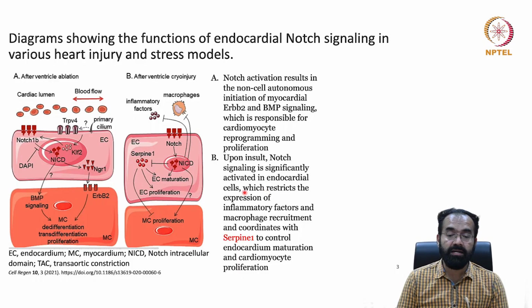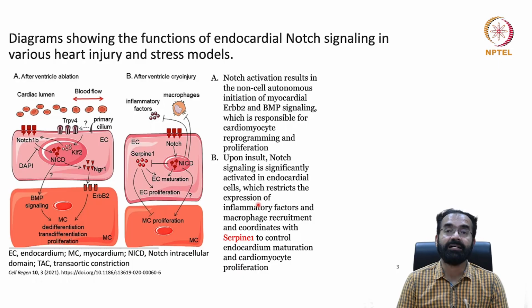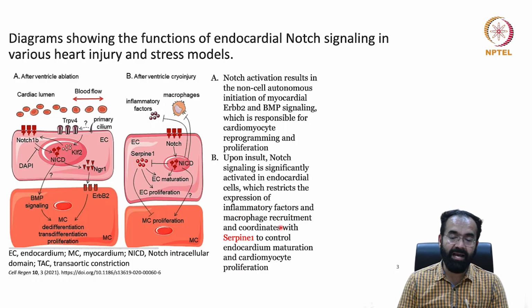So endocardial cells restrict the expression of inflammatory factors and macrophage recruitment and coordinate with a protein called SERPINE1 to control endocardium maturation and cardiomyocyte proliferation. This is its normal role.